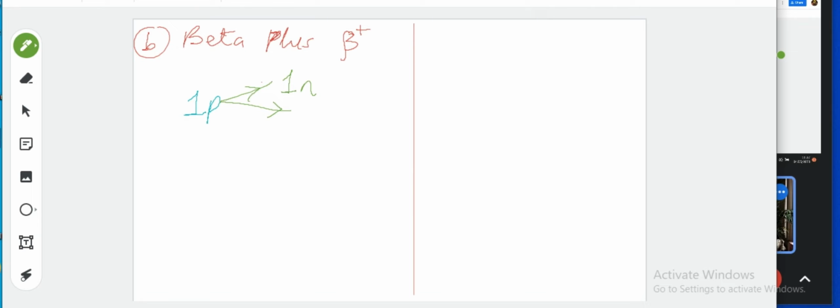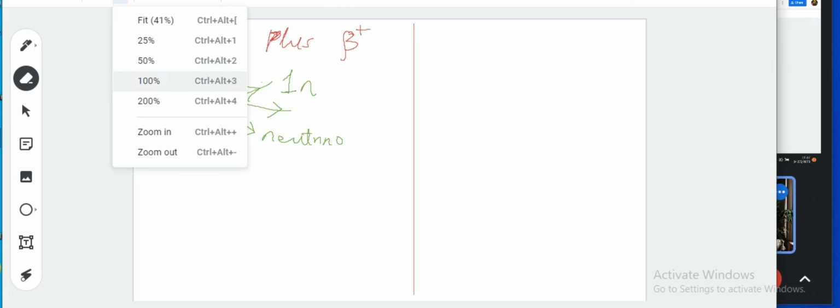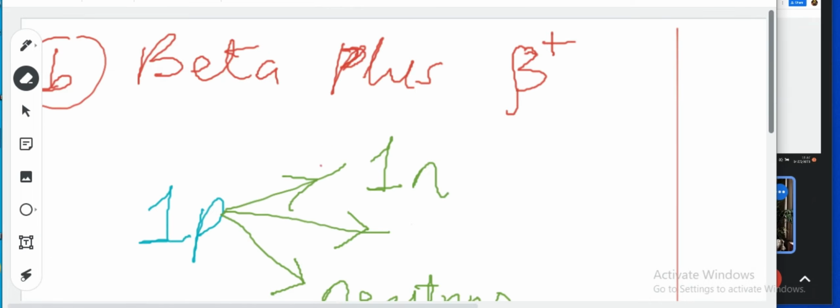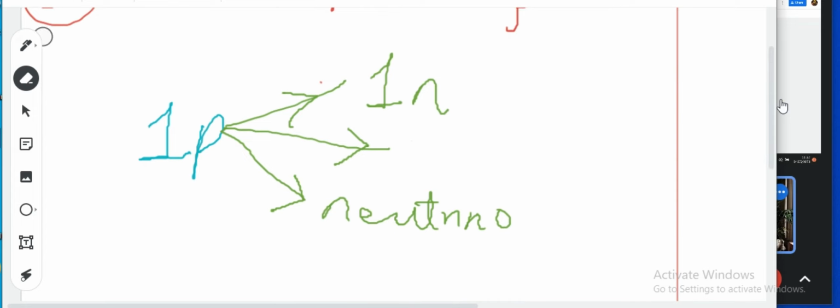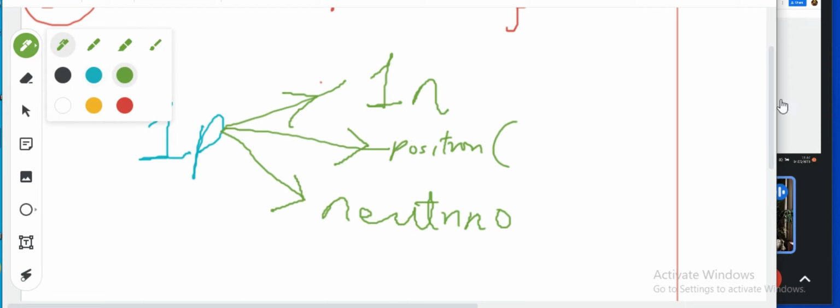Could you believe that there could be an electron that is positively charged? And then a neutrino. Let me write it. Positively charged. I write the name before I write what it means. So let me zoom in a bit. And of course that's called a positron, which is a positively charged electron.